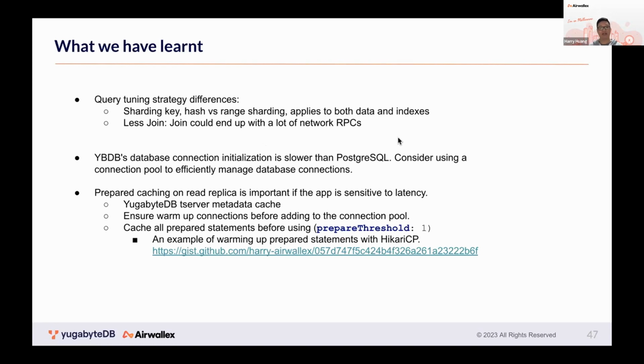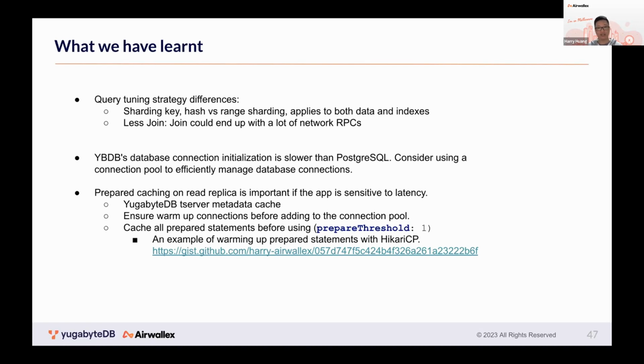And secondly, I would like to mention that connection initialization could be slower for YugabyteDB than Postgres, because it's distributed. It has a lot of metadata that needs to be acquired from different nodes.